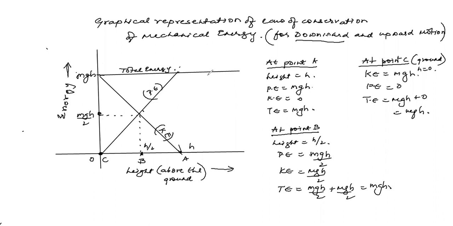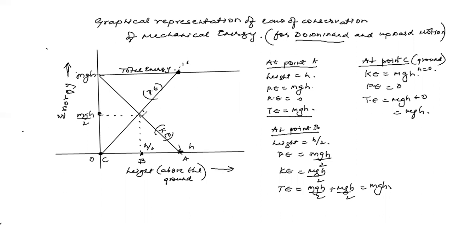At point A, the maximum height is h, and the potential energy is mgh. This line is the potential energy, mgh, got it? And the kinetic energy at maximum height is zero. Adding both, the total energy is mgh.